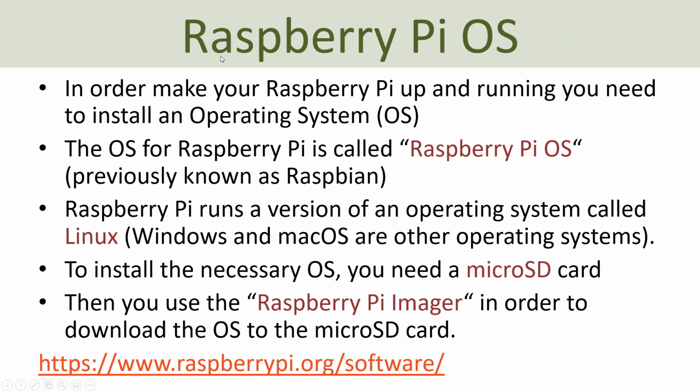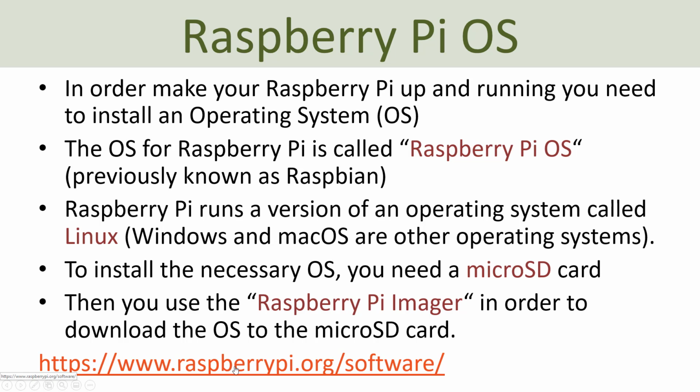So as mentioned, you need to install the Raspberry Pi operating system on your micro SD card in order to make your Raspberry Pi device up and running. So this Raspberry Pi operating system, previously known as the Raspbian operating system, runs on Linux. It's a Linux operating system, and you need to have this micro SD card.